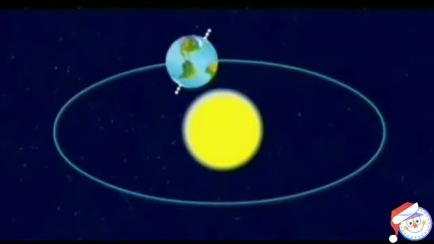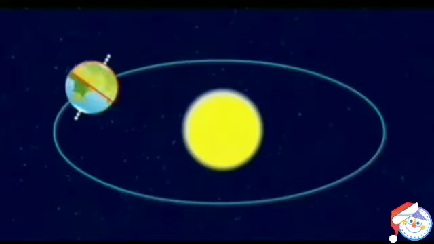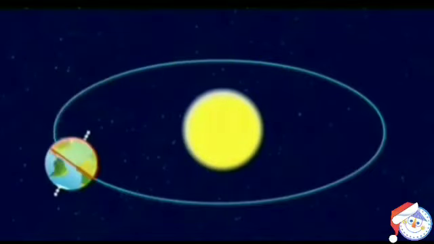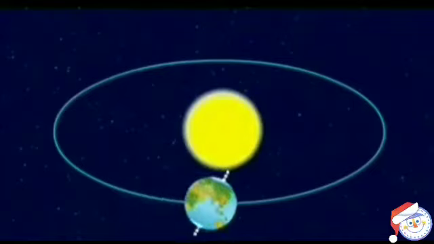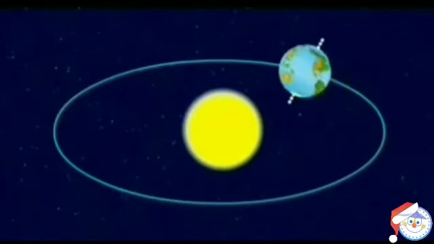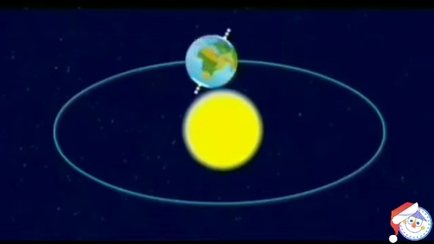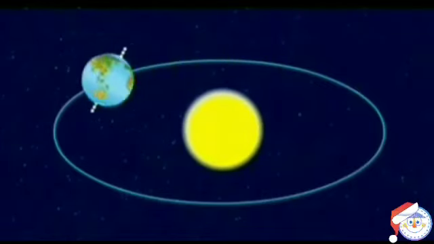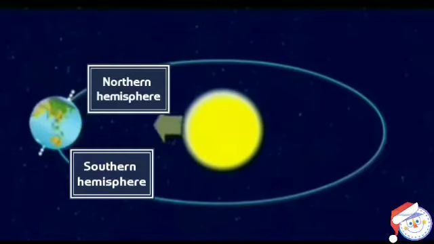Throughout the year, the earth is exposed to the sun on either its northern hemisphere or on southern hemisphere. When the northern hemisphere points towards the sun, it receives more sunlight and hence experiences summer, while southern hemisphere experiences winters.